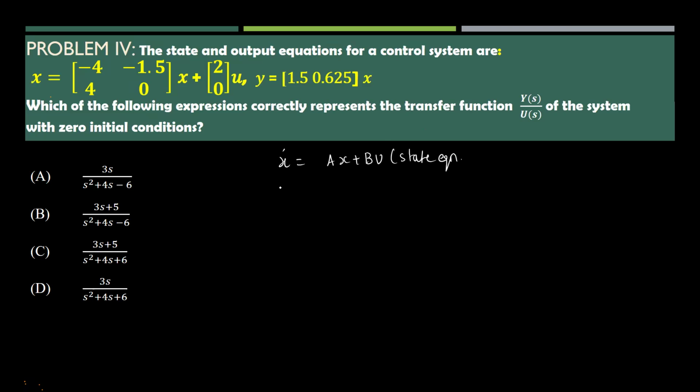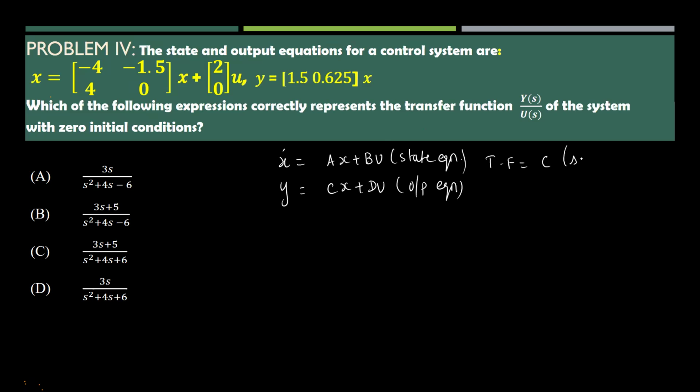And y equal to output equal to Cx plus Du. This is the output equation. This we know. Okay. Now we need to find the transfer function. So by using this expression, we can find the transfer function directly.